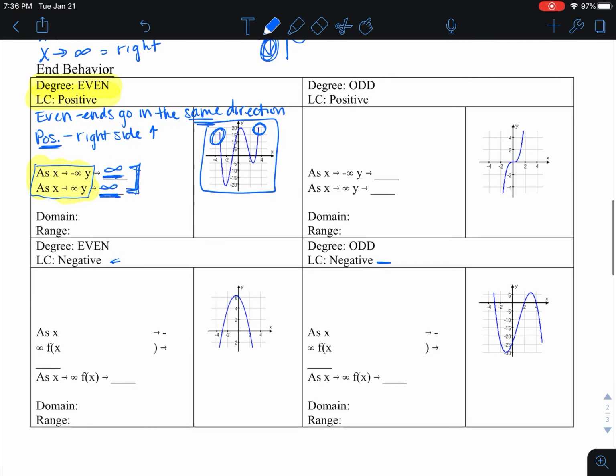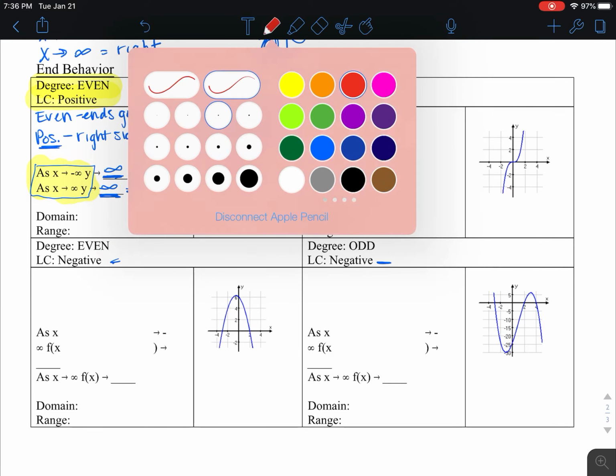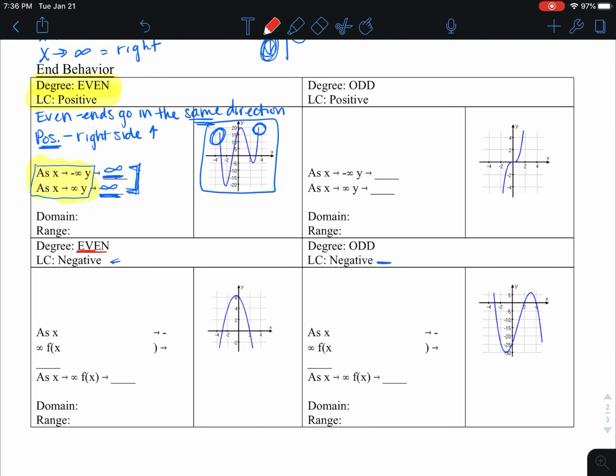All right, let's look at the one below. On this one, we've got even, but it has a negative coefficient. Again, even means that the ends go in the same direction.